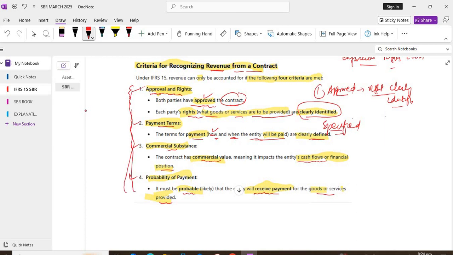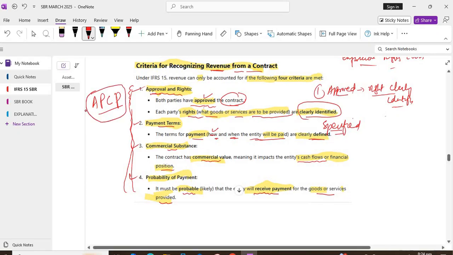The first is approval, we call A, then payment terms we call P, then commercial substance we call C, and then probability of payment, so we call it APCP. APCP means if these four criteria have been met, then revenue is recognized from this contract. Clear?